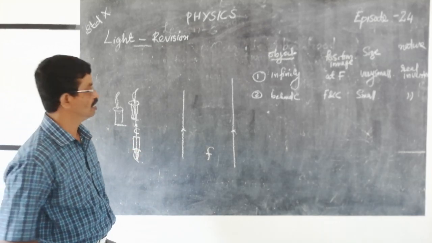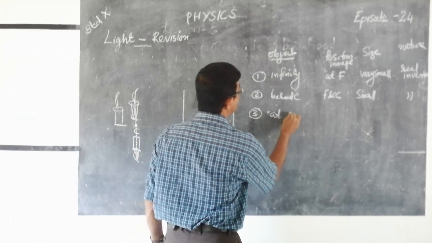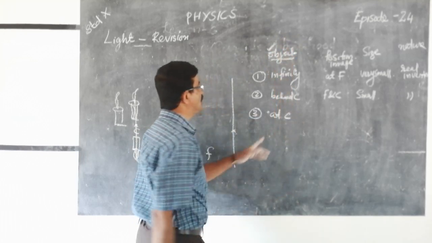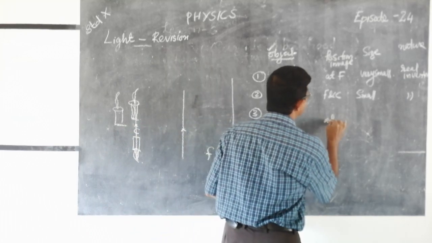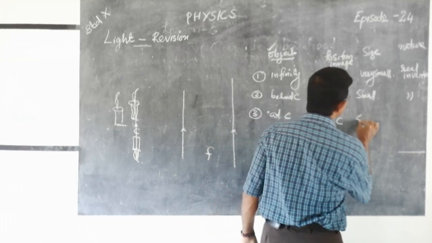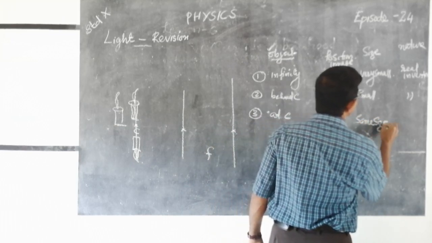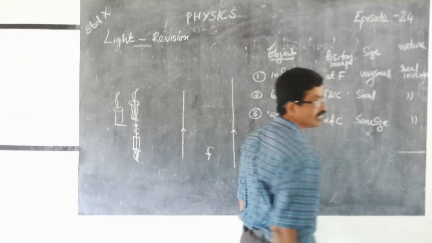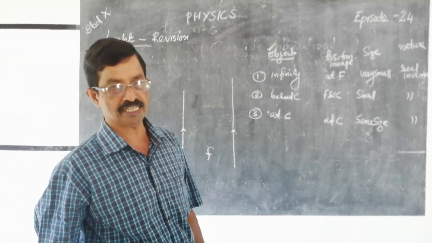That means, third case, object at C. Object position is at C. Where is the image position? It is also at C. Then the size of the image is the same size. Here also the image is real and inverted.